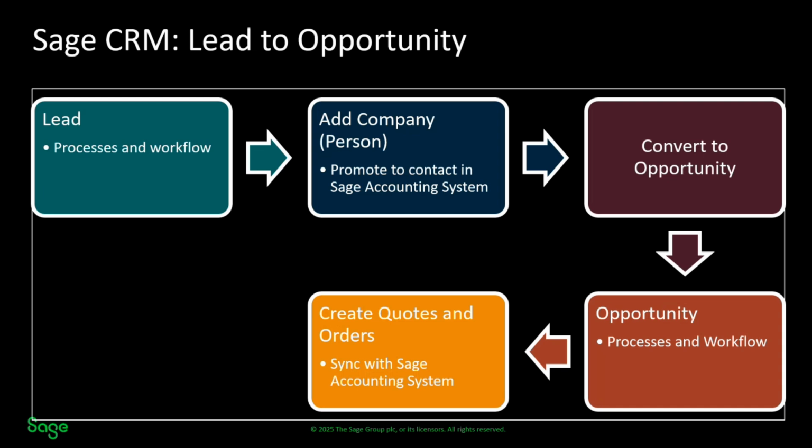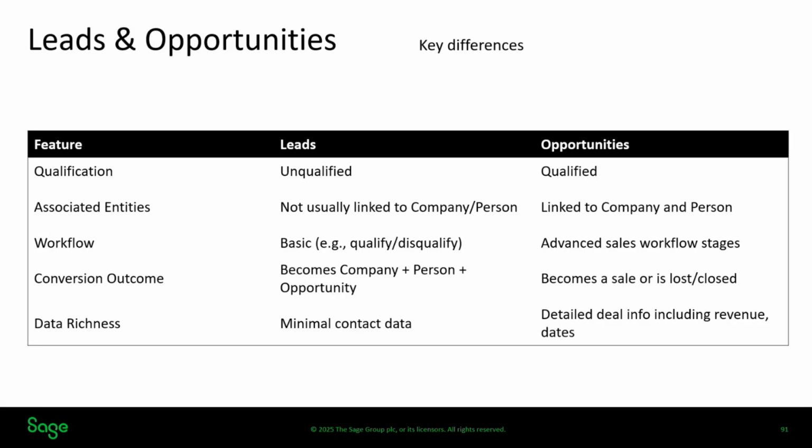Once we've got the opportunity, we can process that, generating quotes and orders, again, potentially syncing with another accounting system. And we have used the process of leads to opportunities as a single workflow, but in fact, we can look at these two entities as quite different, understanding that they have different purposes.